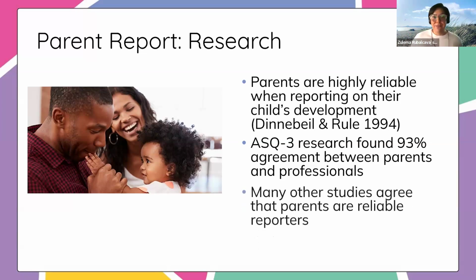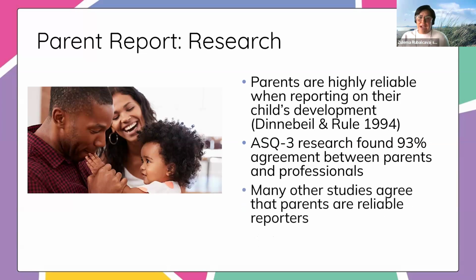And there are tons of other studies that I won't go into, but there are a lot of studies that show us that we can trust families to tell us what's going on in their child's development. Parents are reliable, so we want to make sure that we are giving them that opportunity to share, right? And so that also puts a lot of that work back where it belongs the most, right? We want families to be involved in their child's development. They are the experts on their children.